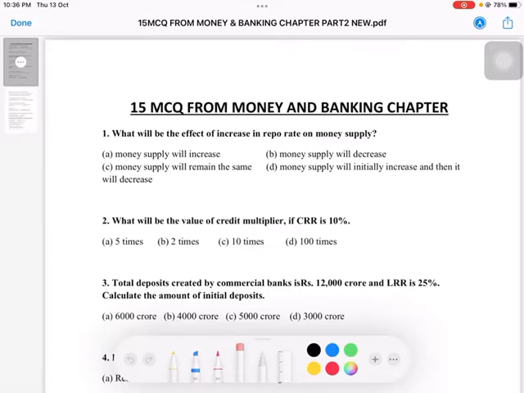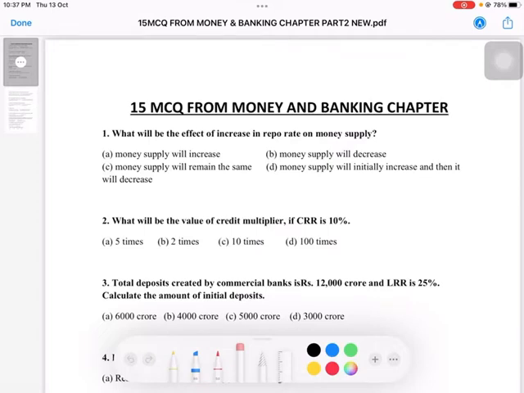So the question number 1, what will be the effect of increase in repo rate on money supply? Options are money supply will increase, money supply will decrease, money supply will remain the same, money supply will initially increase, then it will decrease. You know, repo rate is the rate at which central bank gives loan to the commercial bank.